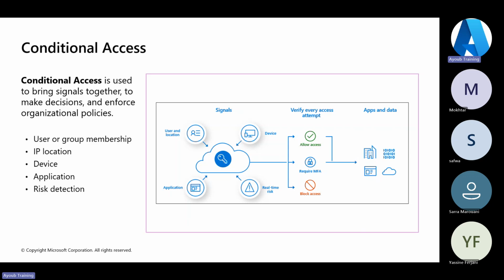So with IP location, I can create conditional access to filter any IP location or any city or even country. That's what the security team did: they just allowed the IP from Tunisia. I gave the name Tunisia, and after that I could connect.